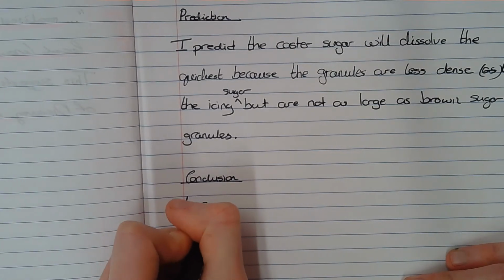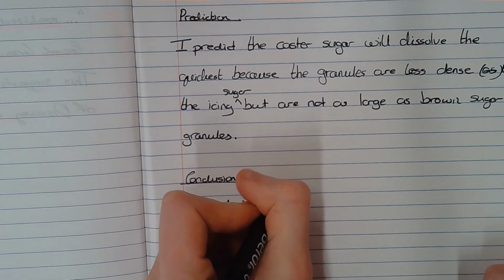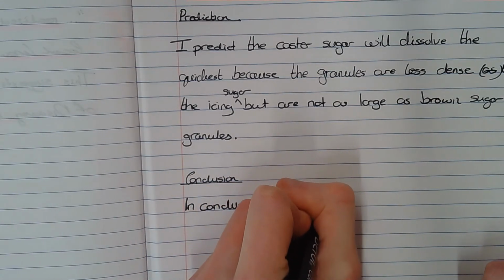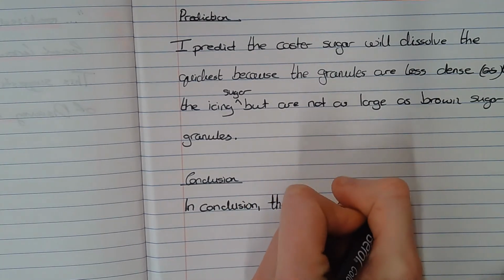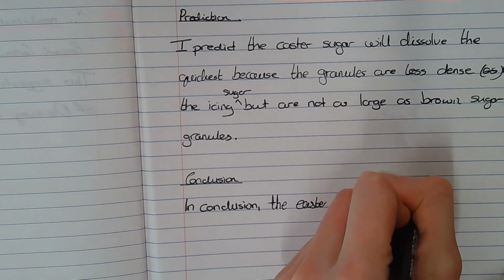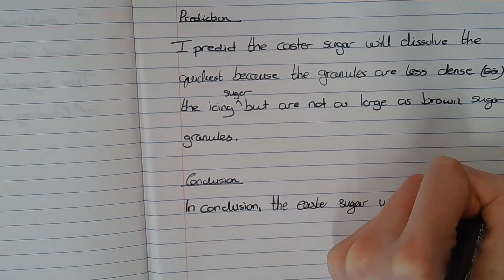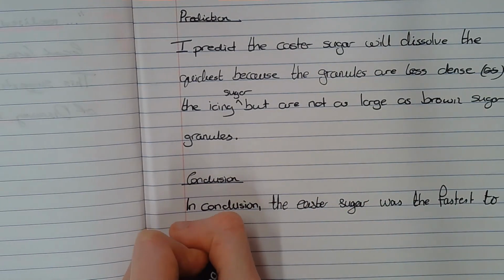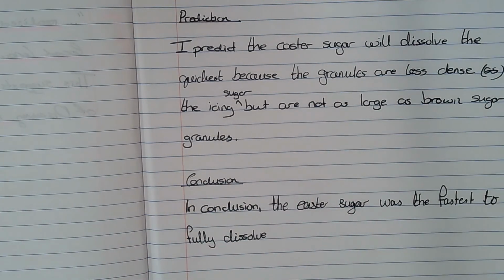So, in conclusion, the caster sugar was the fastest to fully dissolve.